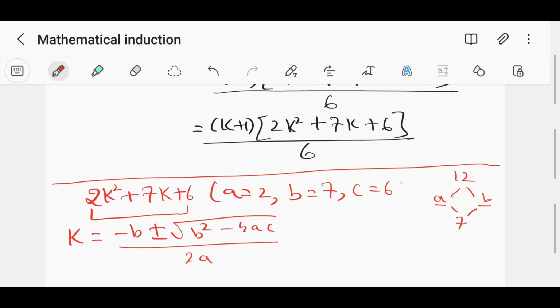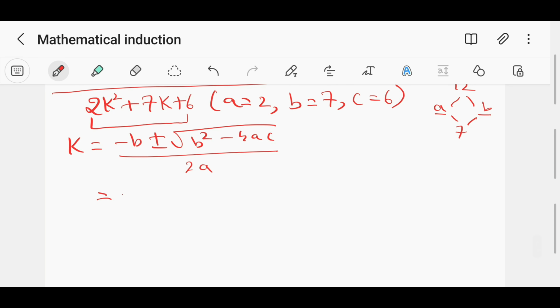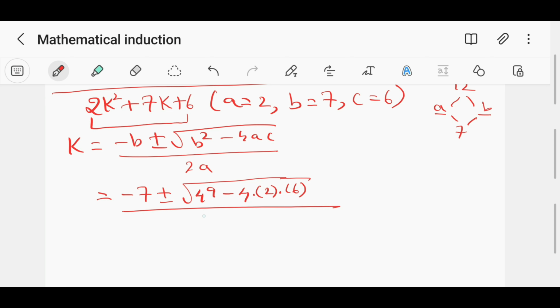What is c? c is 6. So this is equal to minus 7 plus or minus root of 7 square, that is 49, minus 4 into a value, a is 2, into c value, c is 6, whole divided by 2 into a, that is 2.